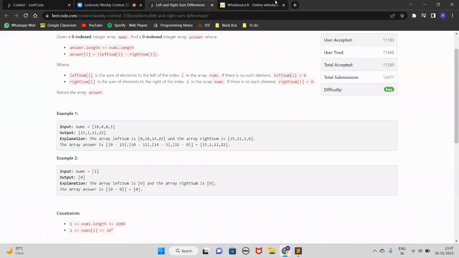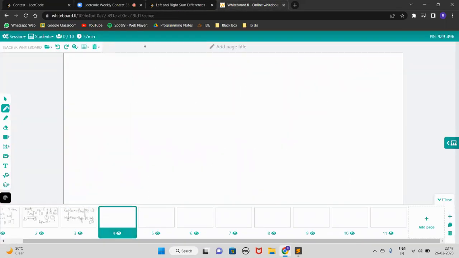For the second test case, the second test case is very small. Okay, so let us see the second test case. There is only one element, 1, and its prefix sum would look something like this: 0, 1. Now we'll have to find the answer for this.